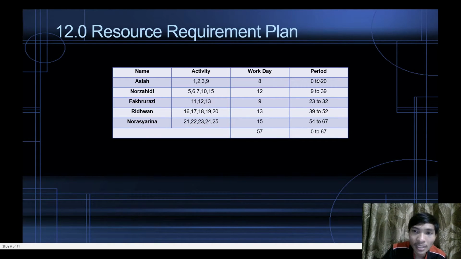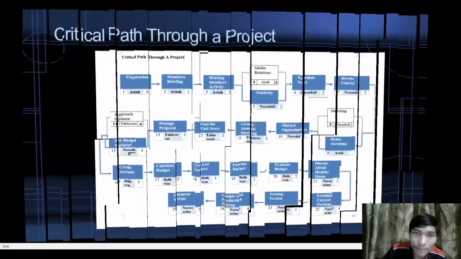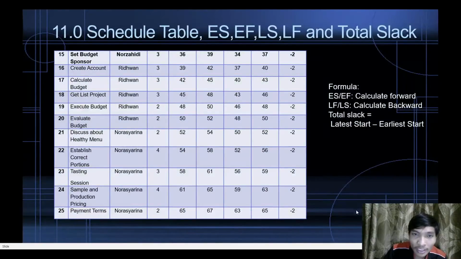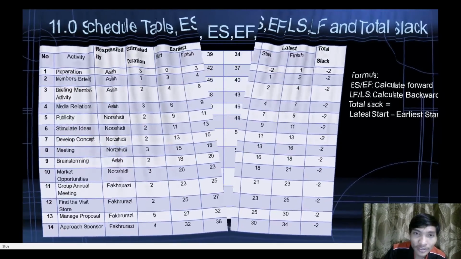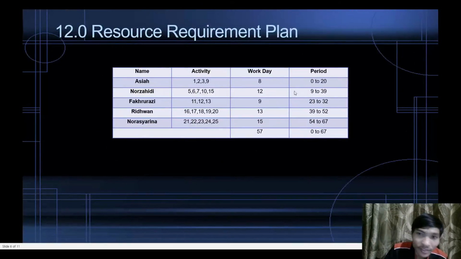The period 0 to 20 means from days, so 0 to 20 means from days. How many days it takes is 8 days. This is all for the resource requirement plan.